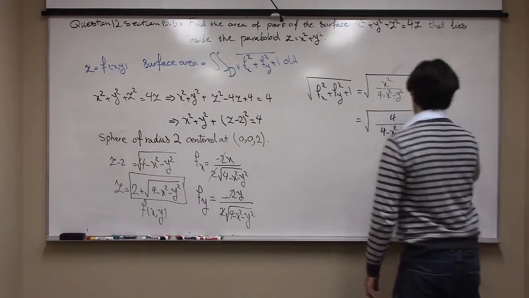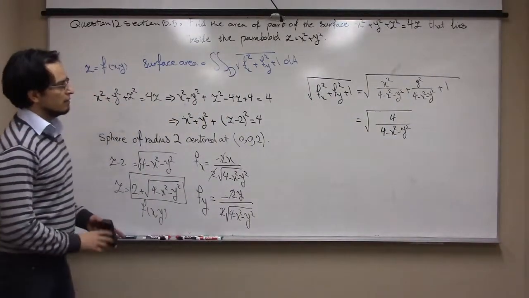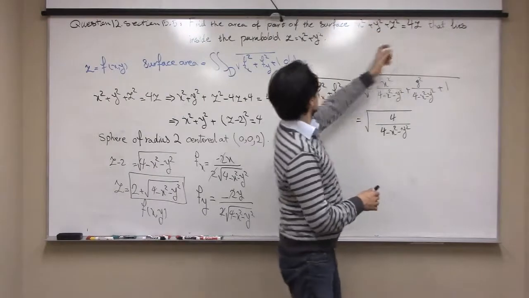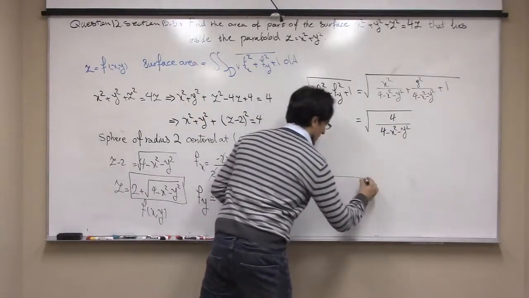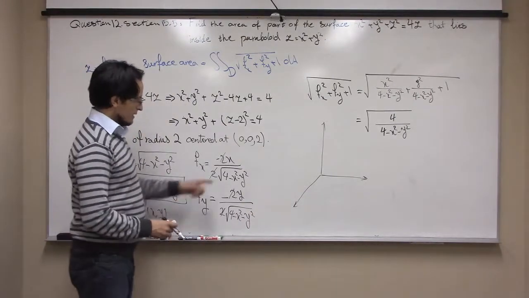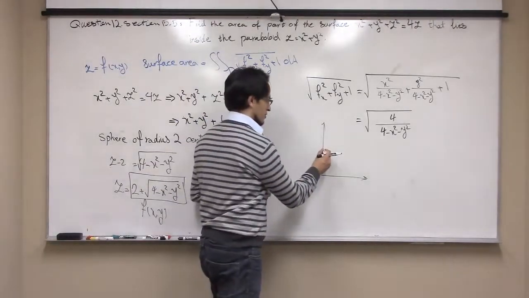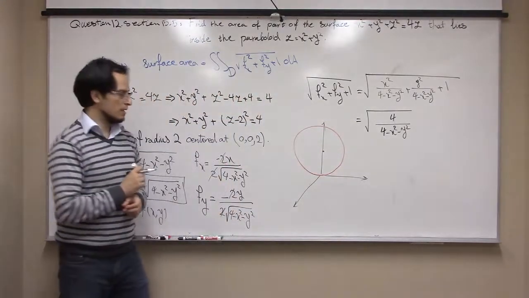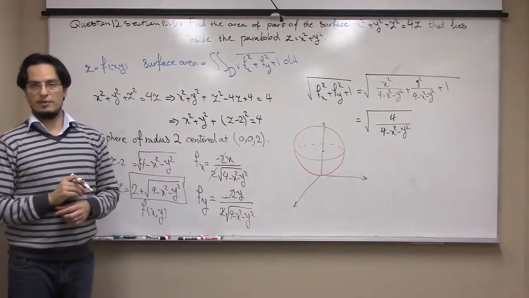So that's my integrand, and now I need to find the region. The region is the one which lies in this paraboloid. I can draw some pictures here. It is a sphere of radius 2 centered at (0, 0, 2). If this is (0, 0, 2), make it three-dimensional, that's the sphere we have.